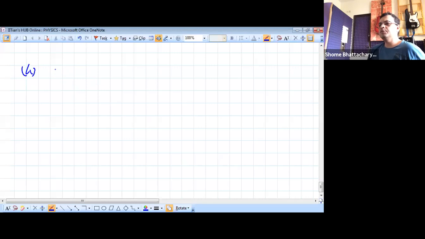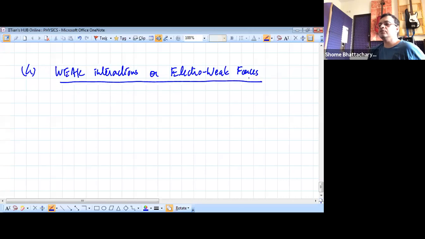Okay, now the fourth type of force is called the weak interactions, or also called electroweak forces. Now, this is an area which is of fundamental research in physics. This is the area of particle physics. You might have heard the branch of physics called particle physics.